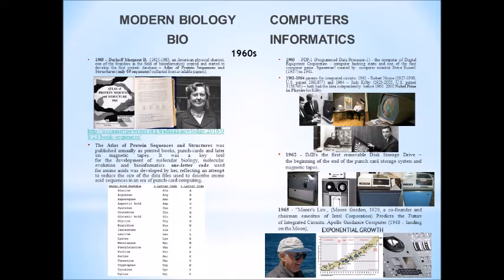And those sequences were, of course, not on a hard drive, but there were different types of recording data. So you can see that the Atlas of Protein Sequences was published annually as printed books and also on punch cards.